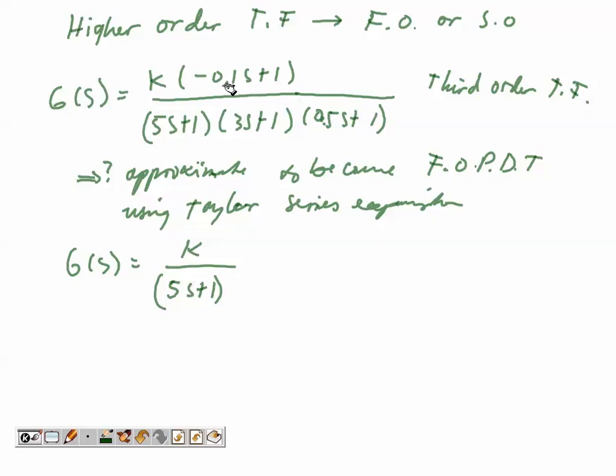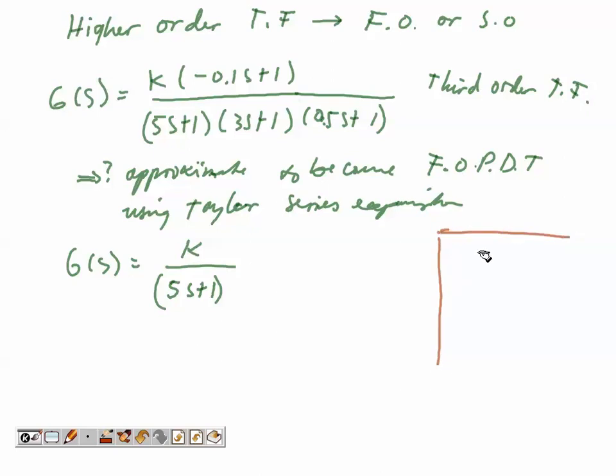Then the other factors are just approximated to exponential form, the time delay form. So for this case, we write just the biggest time constant, and the other factors we convert to exponential form.